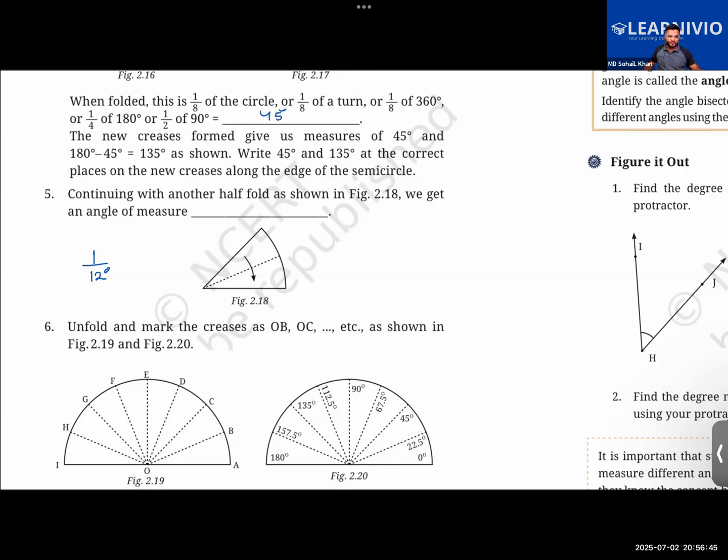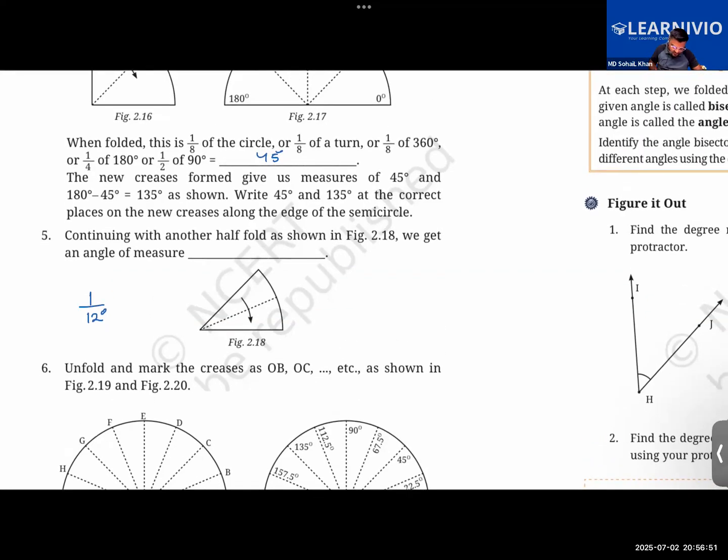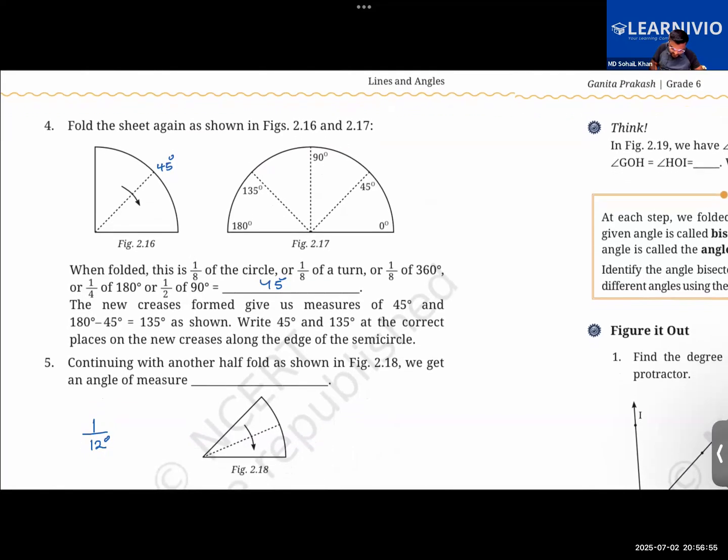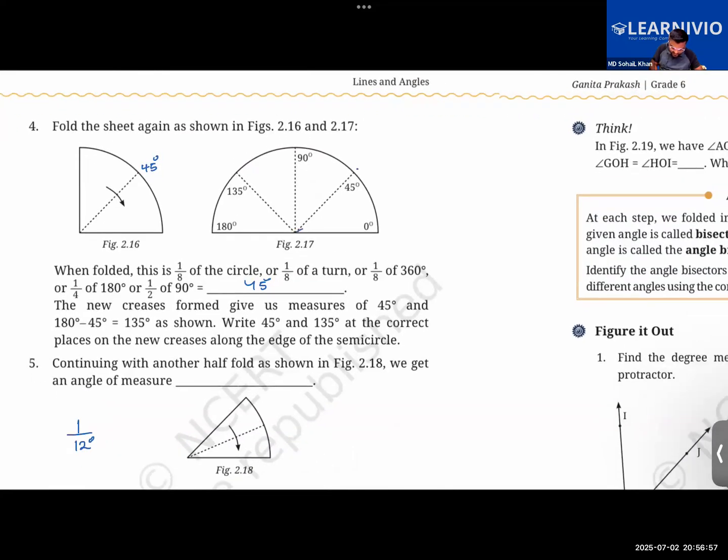Just look over here. Try to understand. If this is 45 degree, right? And I am going to again fold it. As I'll be folding here, there will be a crease in the middle of it. What is the half of 45 degree? 22.5. 22.5 degree now.